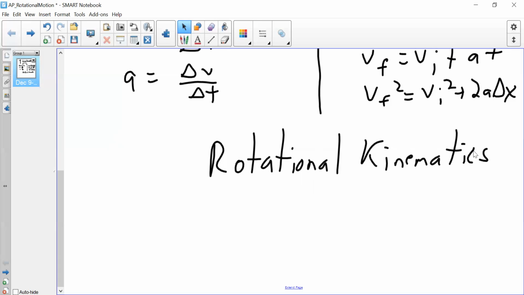That marriage happens by way of a translator that we call the radius. So we take everything that's going linearly around a circle and marry it to the angular component, the angular analogs in the center of the circle, by way of the radius. So we're going to take the points and stretch them out over a larger area that we call a circle.